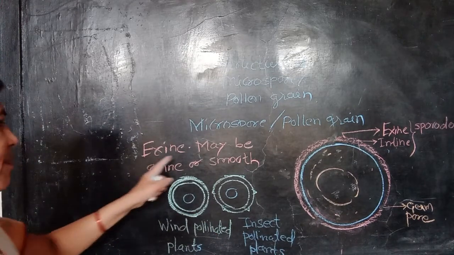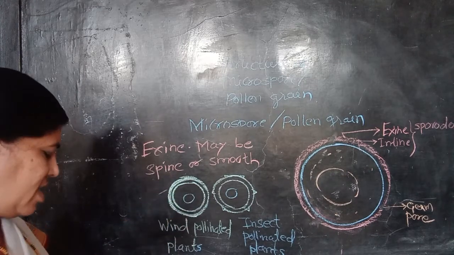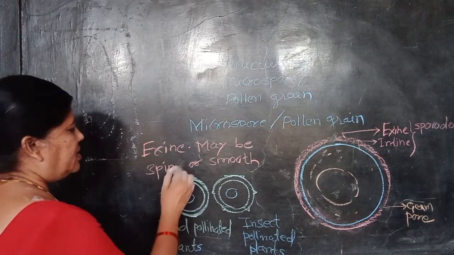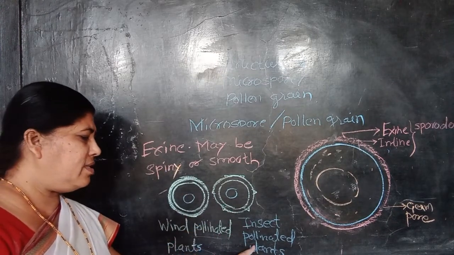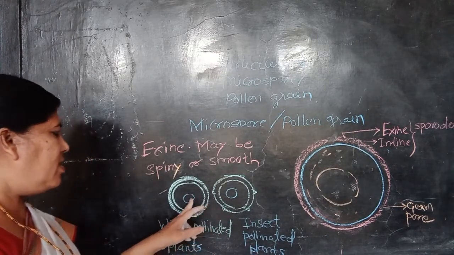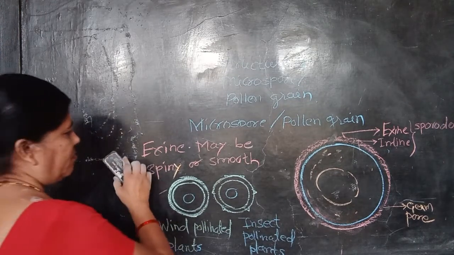So exine may be spiny or smooth. Exine is spiny in insect pollinated plants, and it is smooth walled in wind pollinated plants or wind pollinated flowers.